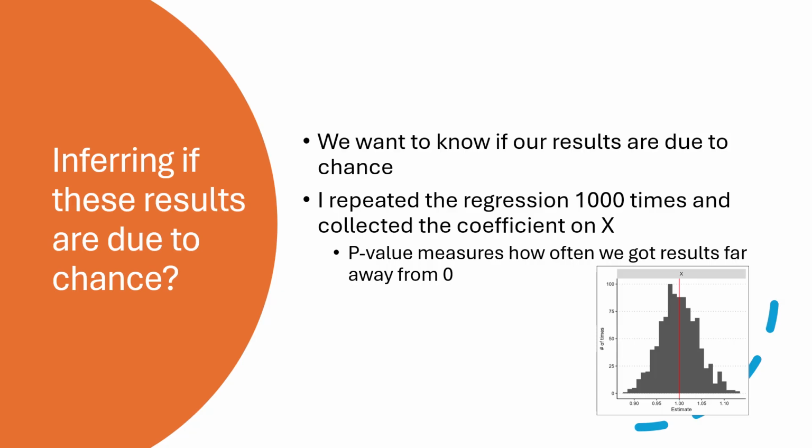The p-value is measuring how far away our results are from 0, or how often we get results that are far away from 0. In this case, we had a very small p-value, less than 0.001, and you can see that in my 1,000 replications, I never got a result that was less than about 0.88.